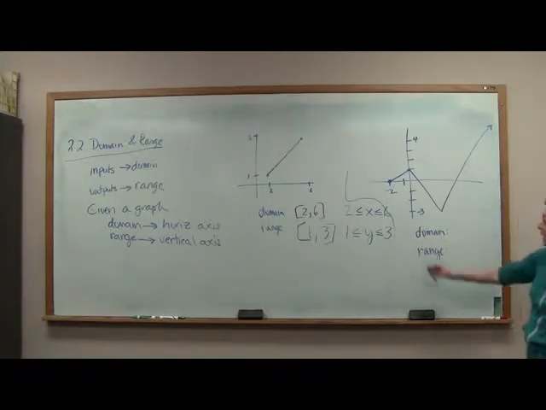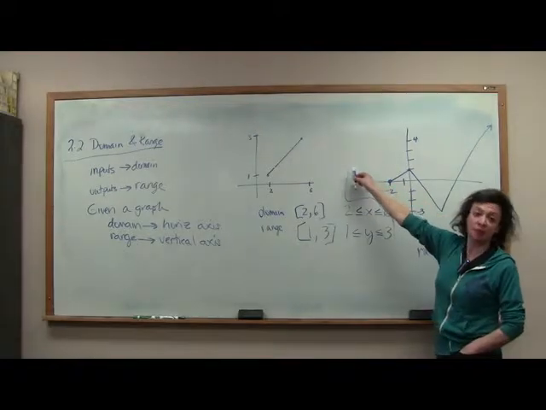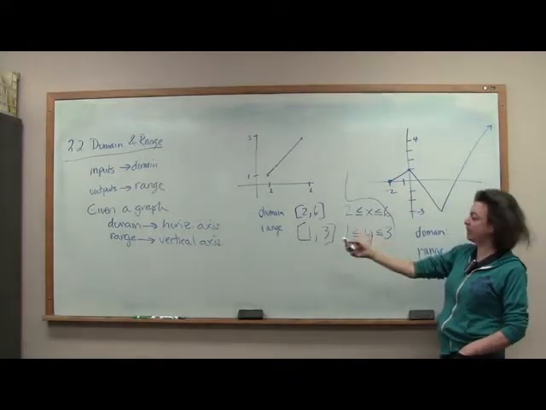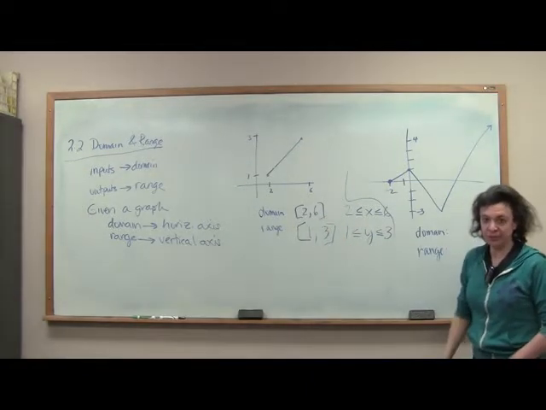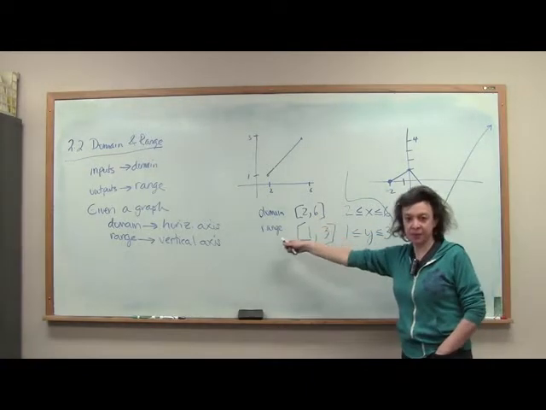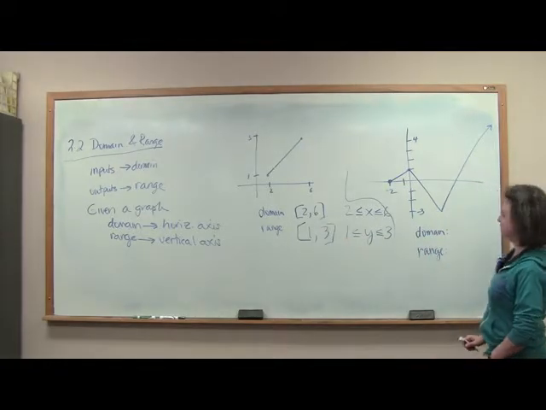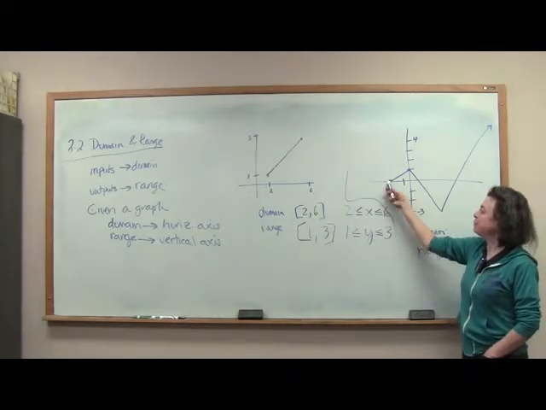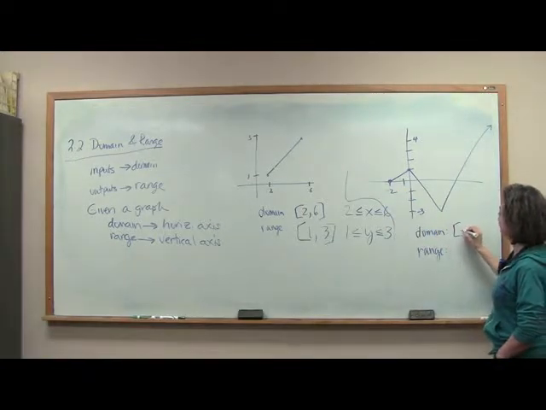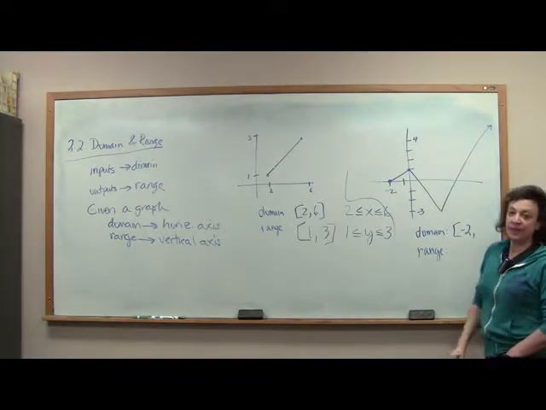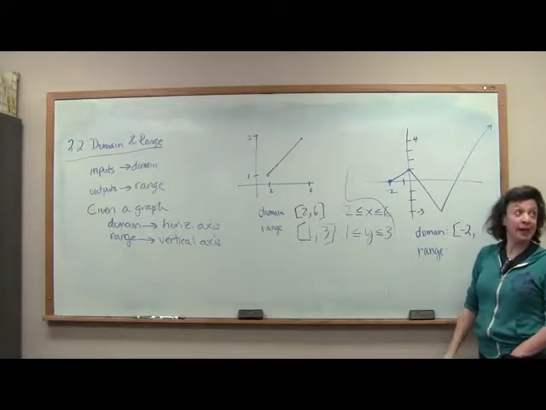With our domain, I always start as small as possible, because when we list things in interval notation, you always put the smaller number to the left and the larger number to the right. So the smallest we are on our horizontal axis is -2. Then the question is, how big do we get?